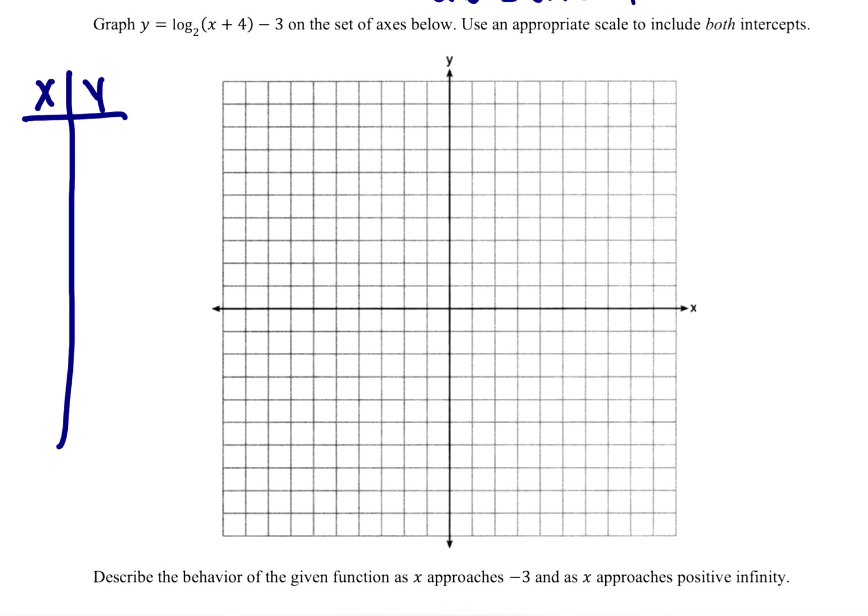So the equation is log base 2 of x plus 4. I'm going to go off to the side.